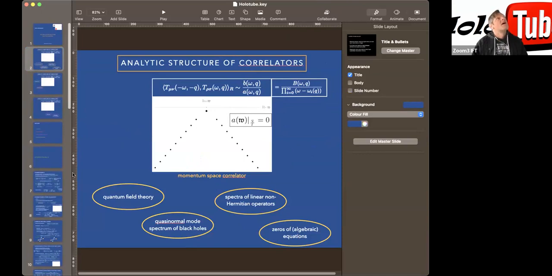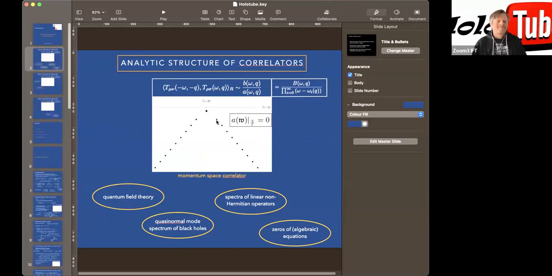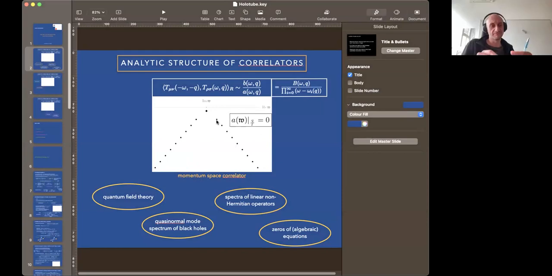So is that coming from the quasi-normal modes coalescing, or is that coming in from infinity? No, you can understand this. If you go to zero temperature, these quasi-normal modes come together, but there's always a zero in between. So it's like there's a sequence of pole, zero, pole, zero, pole, zero.